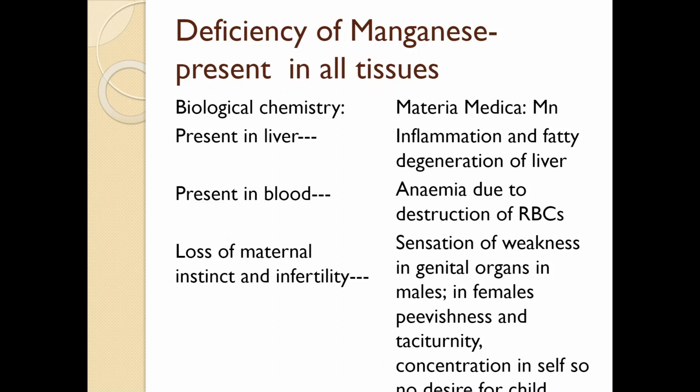Thus we can correlate the deficiency of manganese and its materia medica, that is the symptoms listed under manganese during proving. There is a high correlation that the deficiency of these elements produces the same symptoms as studied by today's knowledge of biochemistry, and as we have listed from the provings done by Dr. Hahnemann in Materia Medica.